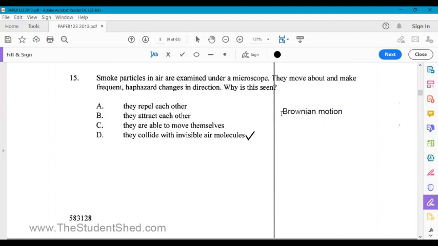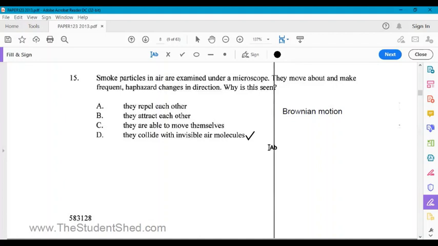Now, diffusion occurs when we have an excess of gas molecules or any particle in one area.